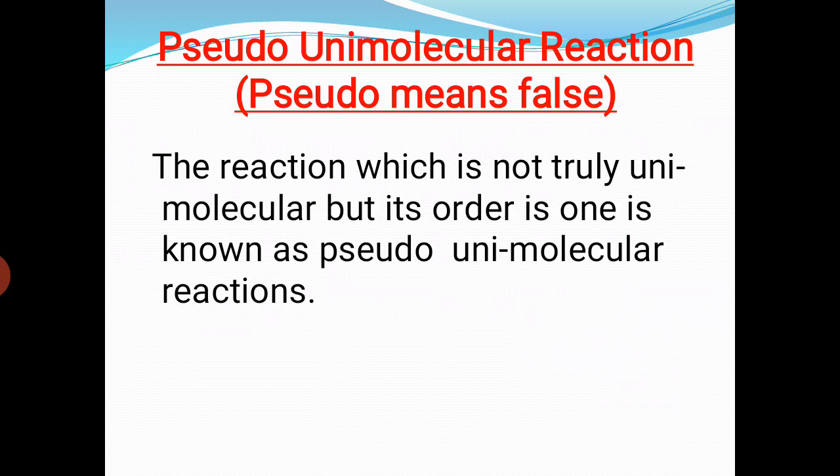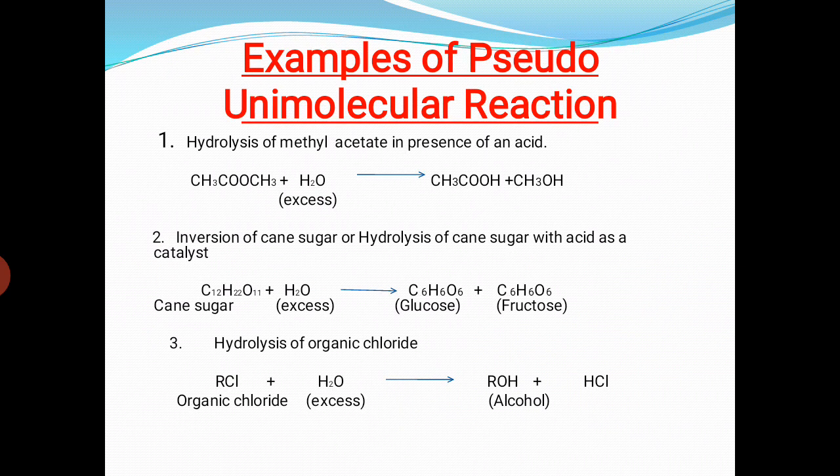Pseudo-unimolecular reactions. Pseudo means false. The reaction which is not truly unimolecular but its order is 1 is known as a pseudo-unimolecular reaction. Consider these examples: hydrolysis of methyl acetate in the presence of an acid. In these reactions, the rate of reaction depends upon the concentration of only methyl acetate molecules.